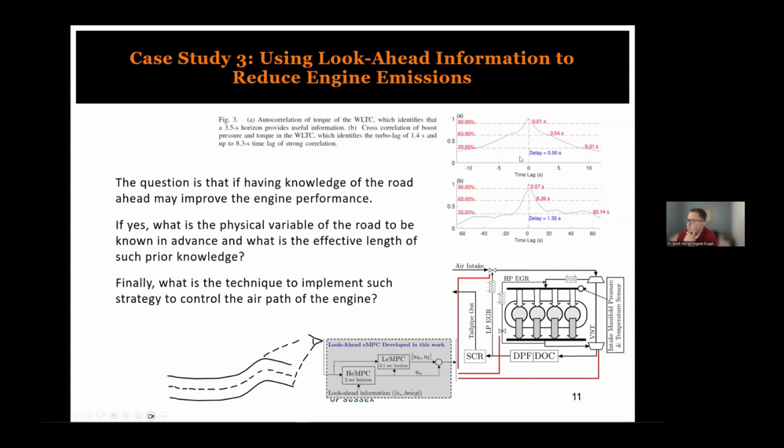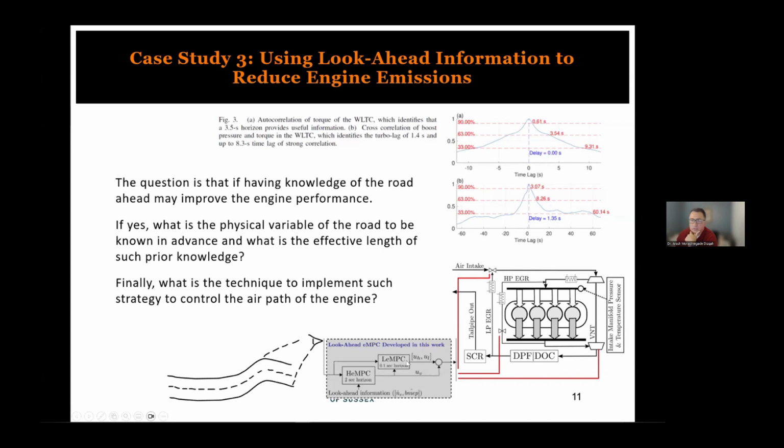We did it, for example, by extensive autocorrelation and cross correlation analysis, some statistical methods, and so on. And then we used the two-layer economic MPC technique.